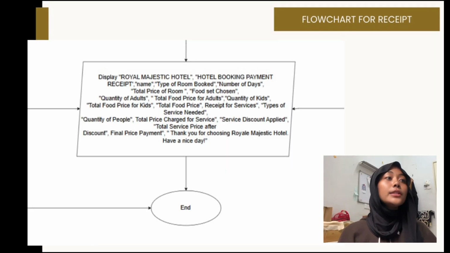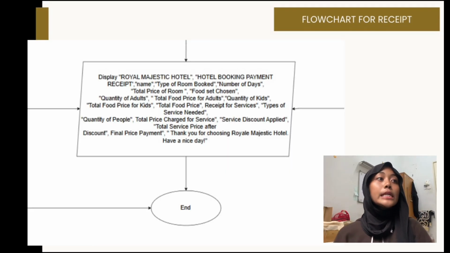Next, proceed to the very last part of the flowchart, which is the flowchart for receipt. In this part, all of the output must be displayed. For example, there is the Royal Majestic Hotel booking payment receipt that represents the starter of the receipt part.